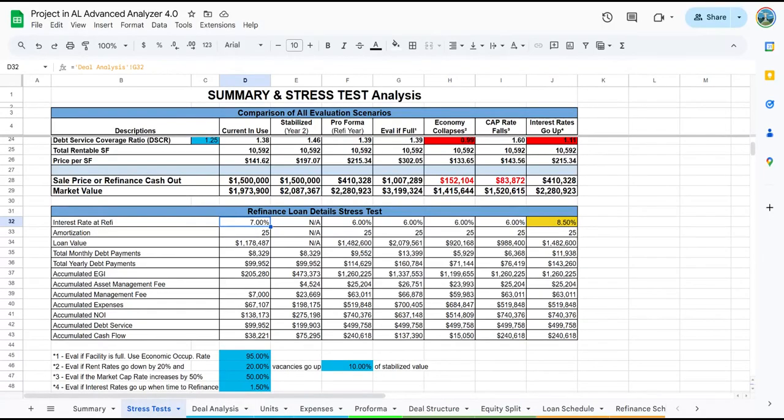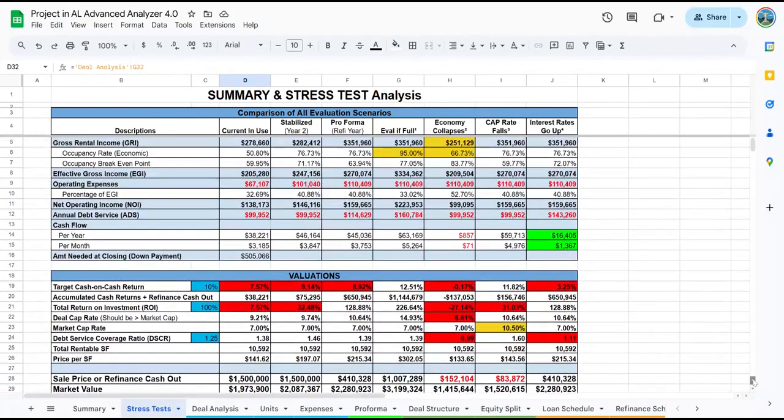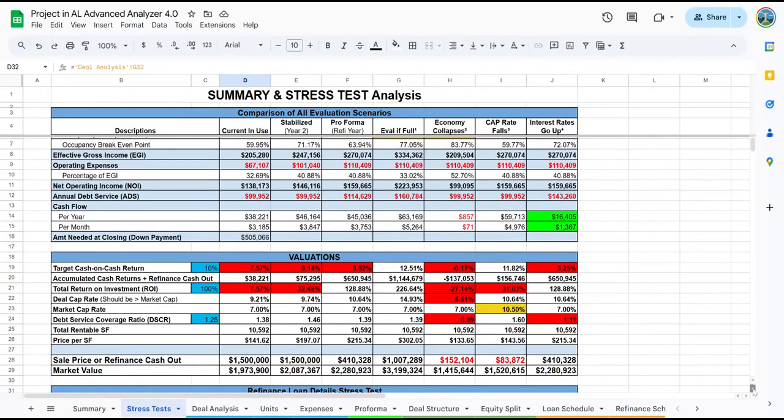So now let's see what to look for in these different economic situations for the valuations. So under the valuations, there's certain benchmarks we want to hit. So the first row here is our target cash on cash return.